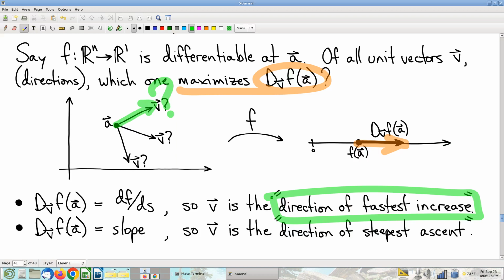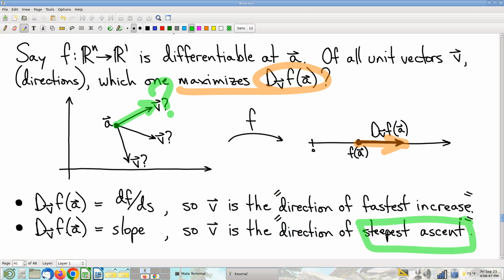In that context, though, if you're thinking of the function as representing temperature, what would steepest ascent mean? The function is temperature. I'm walking around on perfectly flat ground, and I'm trying to keep track of how the temperature is changing as I walk around on flat ground.